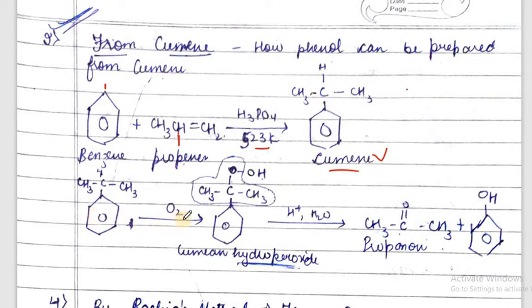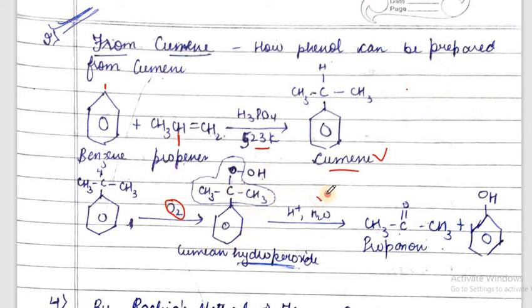Cumene then upon oxidation with oxygen gives cumene hydroperoxide, in which O2 is inserted between carbon and hydrogen. Here is hydrogen, carbon and hydrogen. In between carbon and hydrogen, oxygen is introduced, that is COOH. The other part is the same.